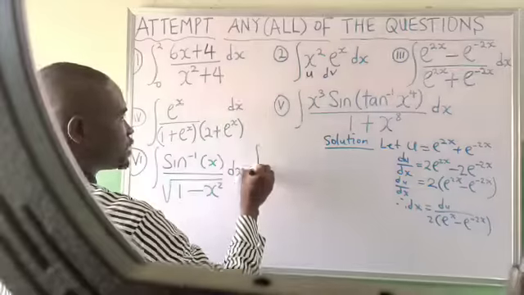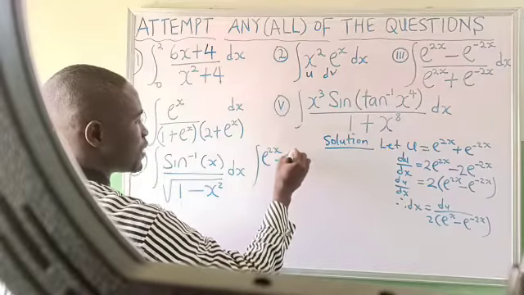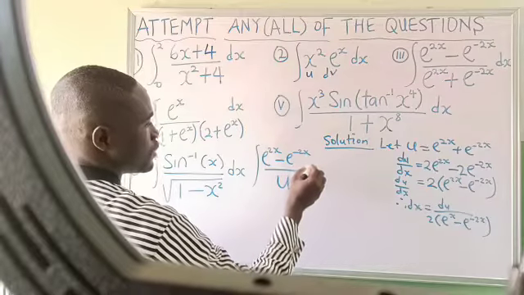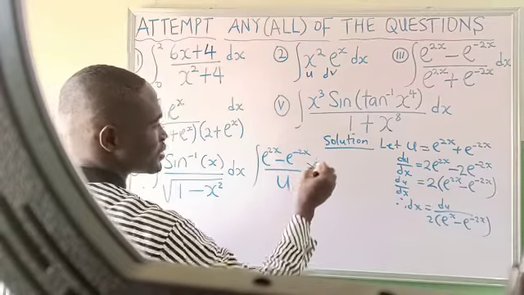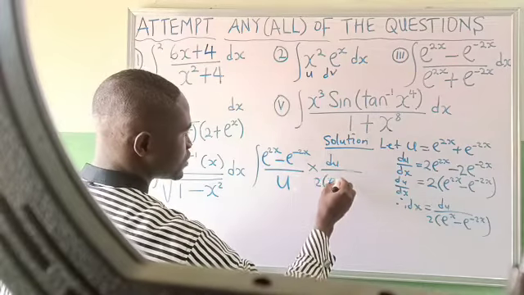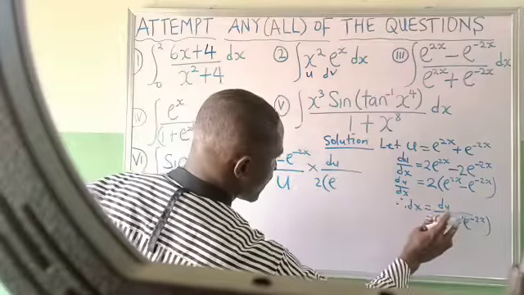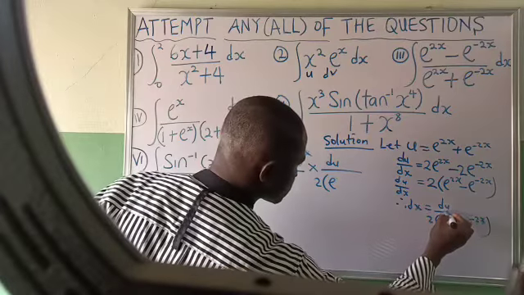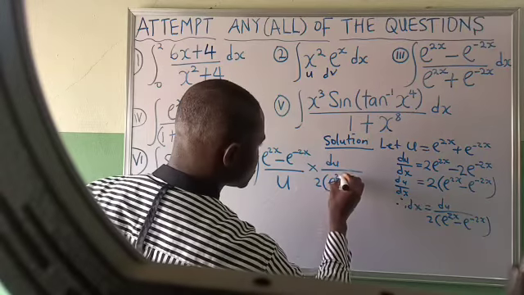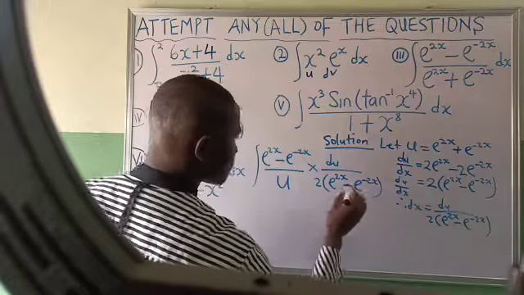We say, therefore, this means integration exponential 2x minus exponential minus 2x all over u. Then what is our dx? Du all over 2 bracket exponential 2x minus exponential minus 2x.